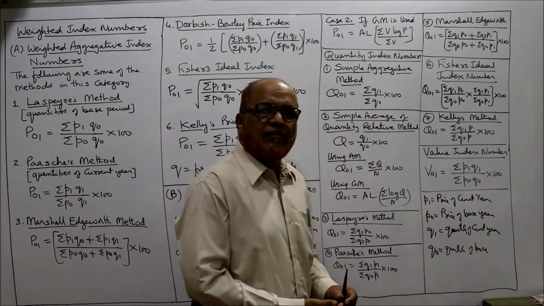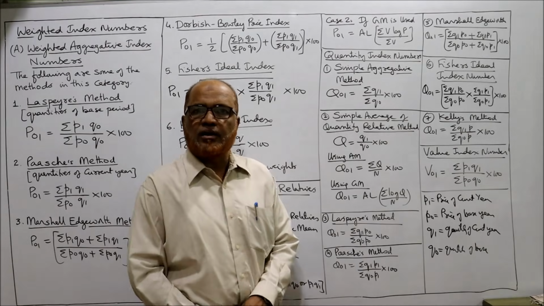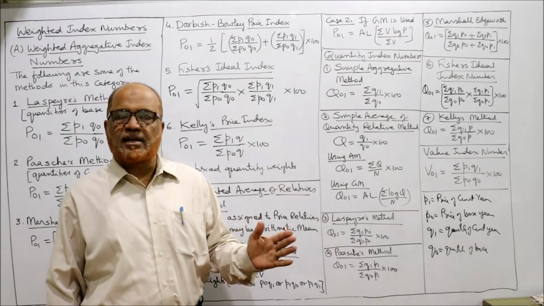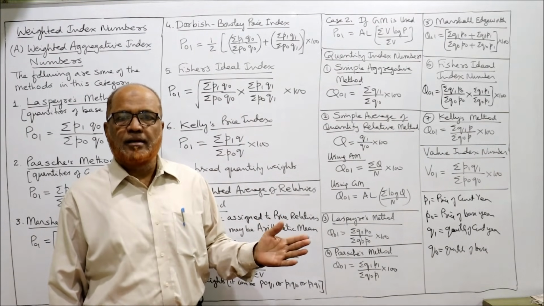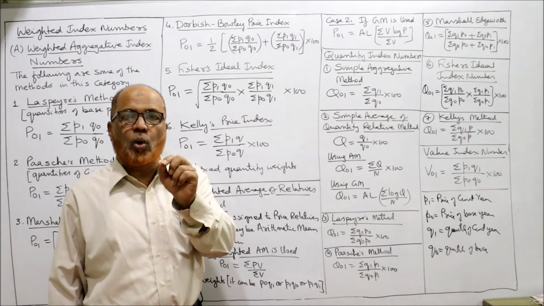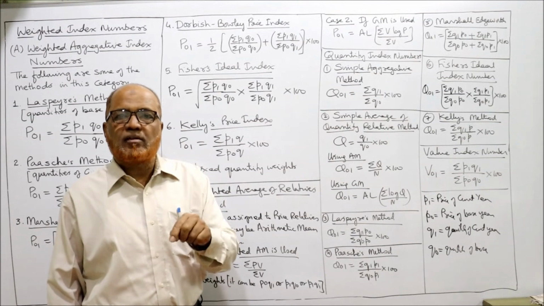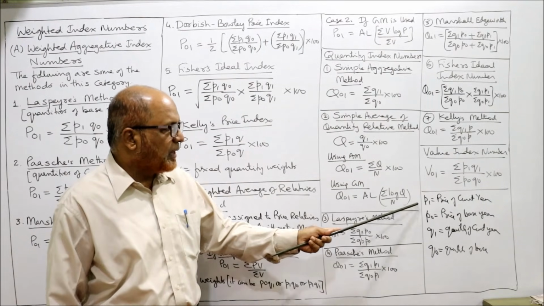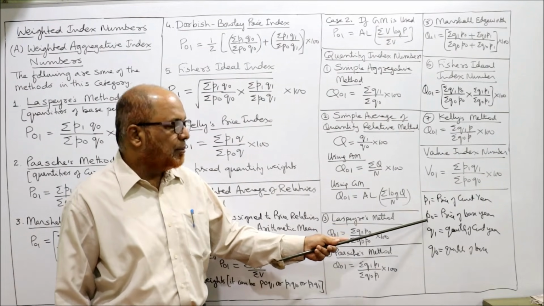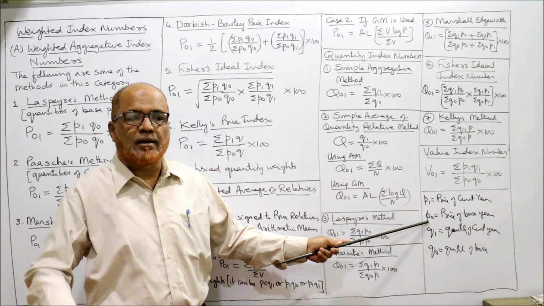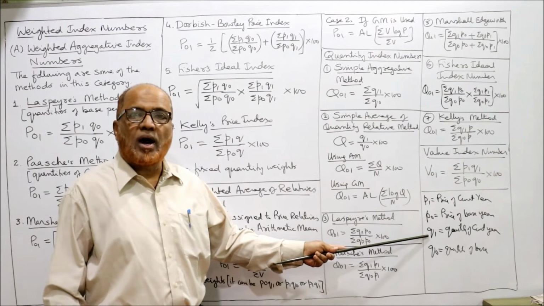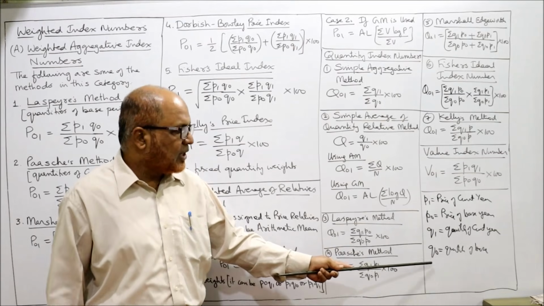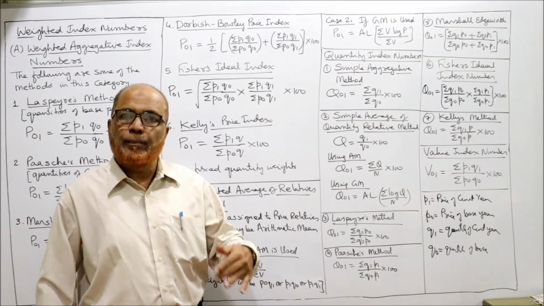So we are given the price and quantity of current year and price and quantity of the base year. Base year will be denoted by 0, and current year will be represented by 1. So when it is given P1 price of current year, P0 price of base year, Q1 quantity of current year, Q0 quantity of base year.